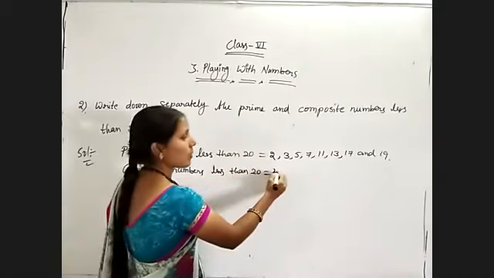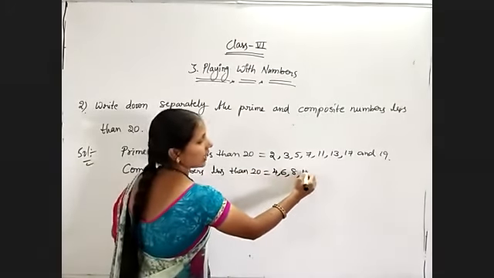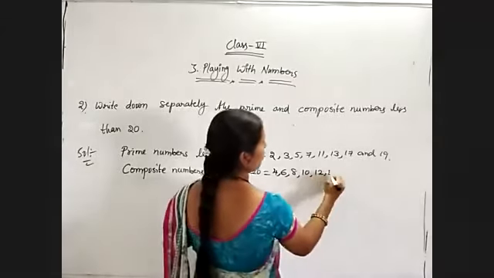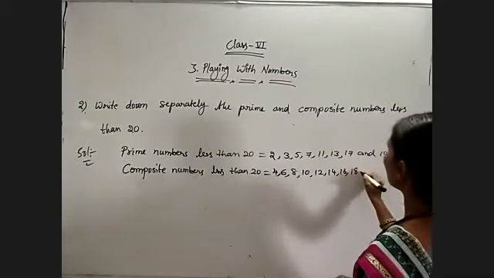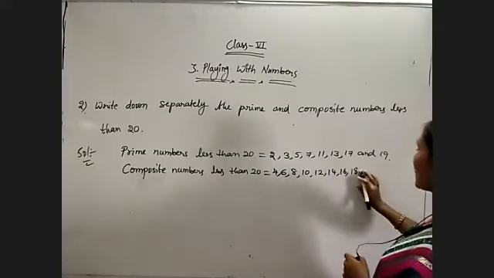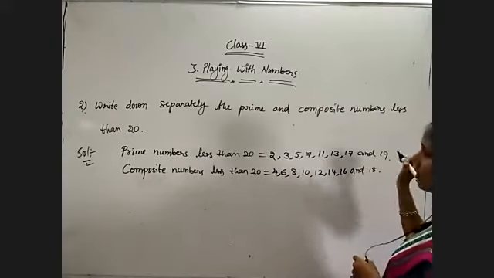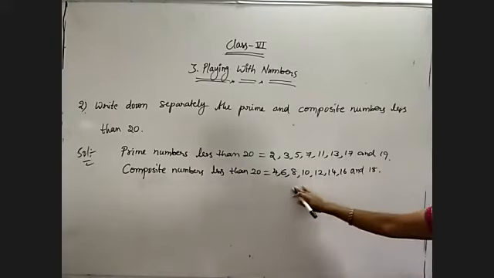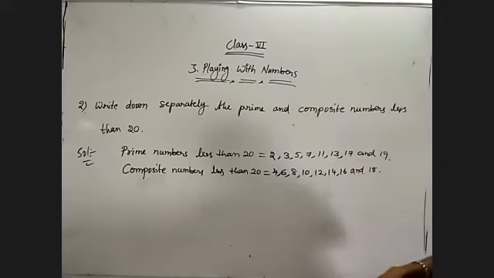So 4 is the composite number, then 6, 8, 10, 12, 14, 16 and 18. So these are the composite numbers less than 20, and the prime numbers less than 20. Okay.